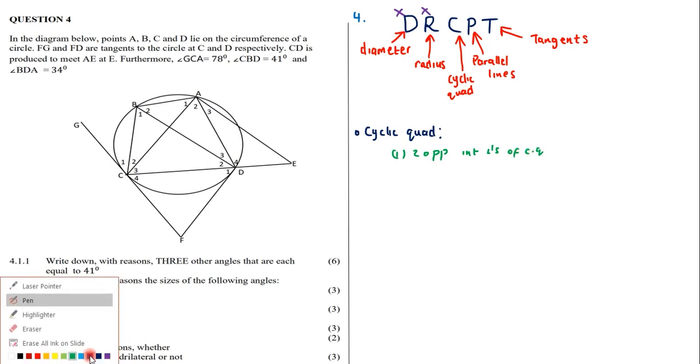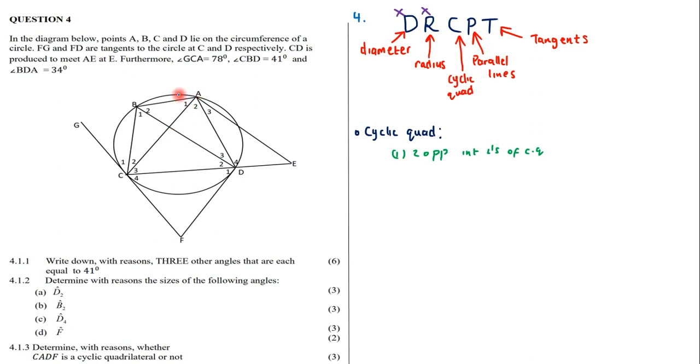Firstly, I'm going to look for my cyclic quad. ABCD is my cyclic quad, so all of those lines are my cyclic quad. The first thing I notice is that A1 plus A2 and C2 plus C3 add up to 180.